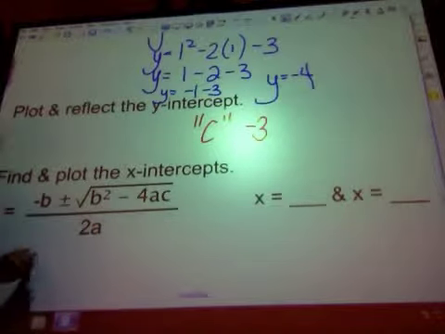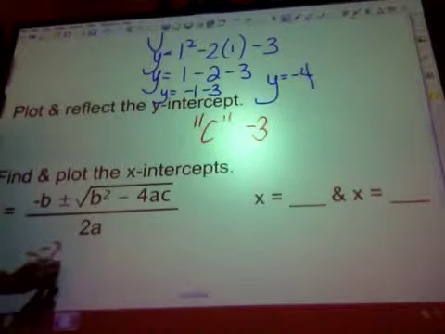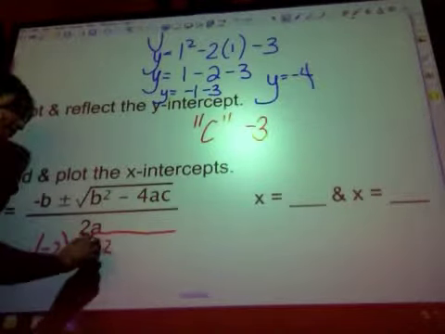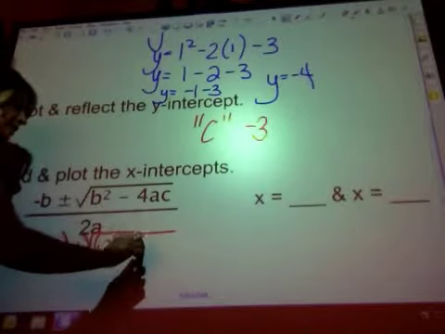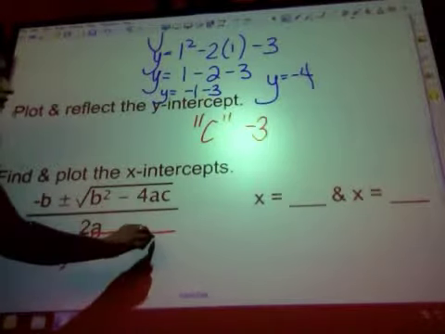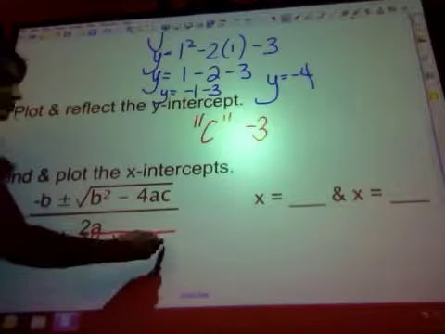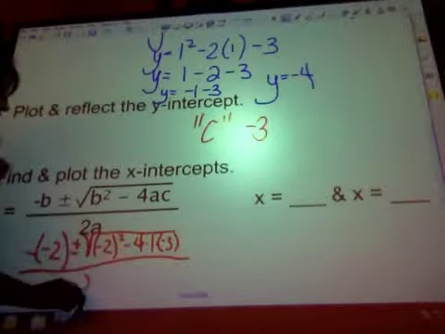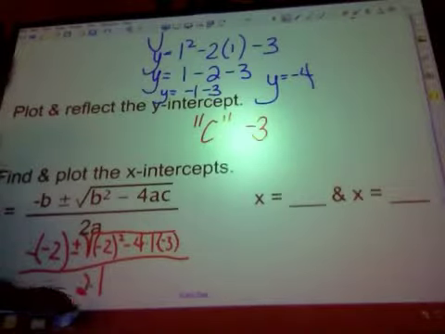So we're going to do the opposite of negative 2 plus or minus the square root of negative 2 squared minus 4 times a, which was 1, times c, which was negative 3. All that over 2 times 1, which was our a.